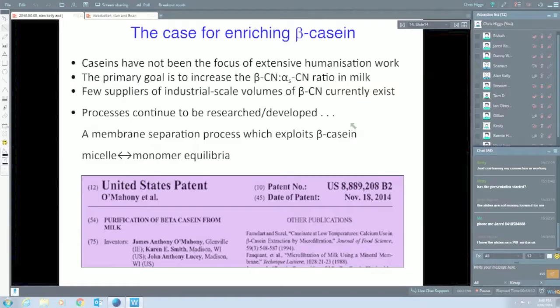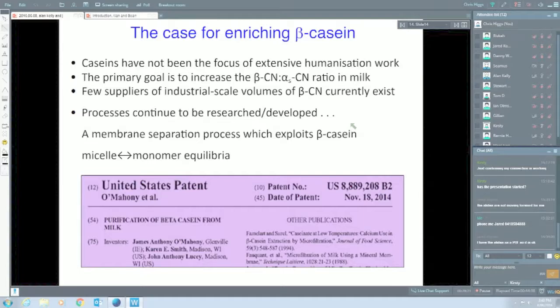And this is reflected in the fact that there's a very small number of industrial scale manufacturers of beta casein, and there have been a number of processes proposed, researched and developed, and they each take different approaches, which we'll say a little bit more about later on.